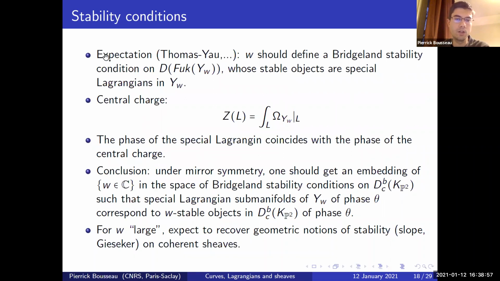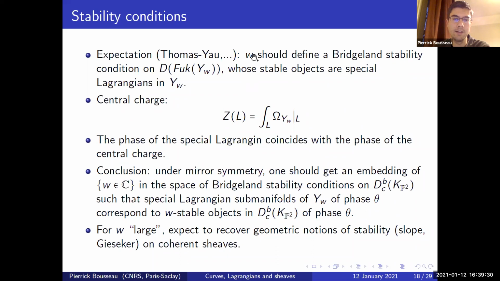And now there is a general expectation, going back to Thomas and Yau, which is that the choice of a complex structure modulus on a symplectic manifold, so in our case the point W, should define a Bridgeland stability condition on the derived Fukaya category of YW, whose stable objects should more or less be special Lagrangians in YW.